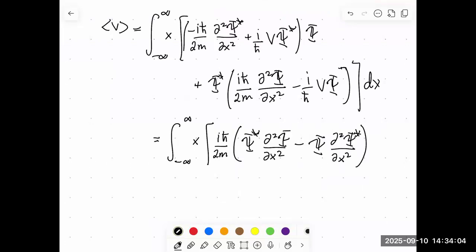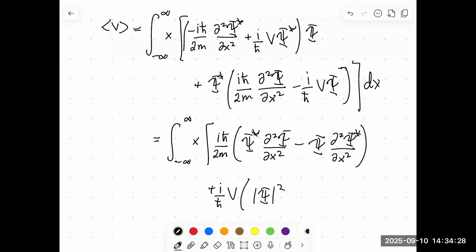Now what we have left are the potential terms. So we have a plus i over h bar times V. And then notice I got phi star times phi, but phi star times phi is just the absolute square of the wave function.